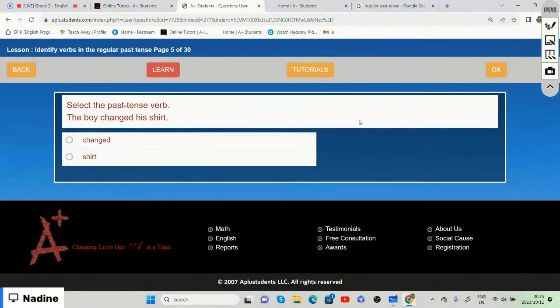All right, so we select the past tense verb. The boy changed his shirt. Changed his shirt. All right, and if we select the past tense verb, then we're going to say changed.